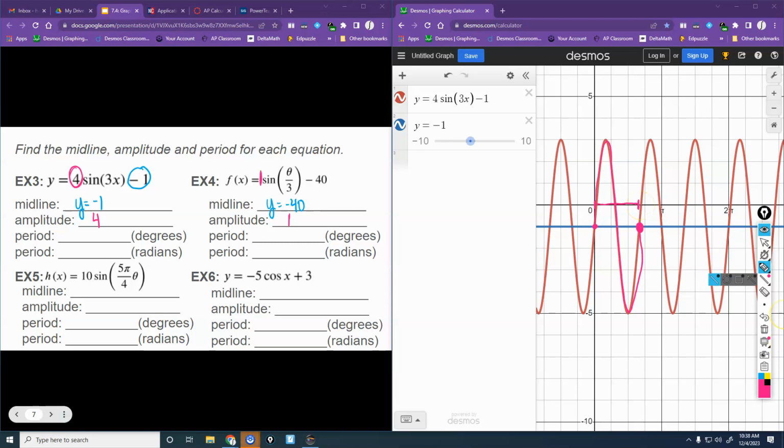So this is where it becomes very helpful to use the formula that I gave you on the last slide. Because sometimes the period of the graph is really difficult to find by looking at the graph. Sometimes it's not. Sometimes it's very clearly marked. It's pi, or it's 2 pi, or it's 4 pi.